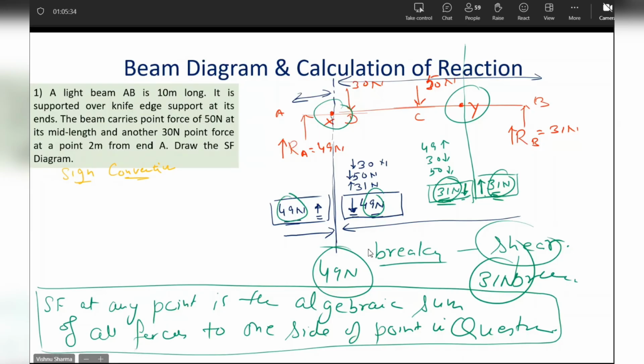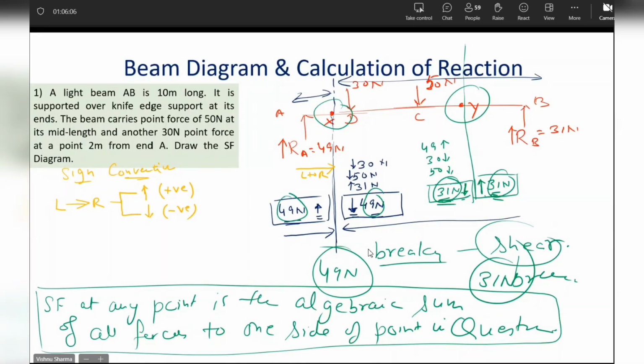If you are doing the algebraic sum of the forces from left to right, that means from the left-hand side toward x, this is called left to right. When you go from left to right, we will not call the forces up or down. We will take upward forces as positive and downward forces as negative.